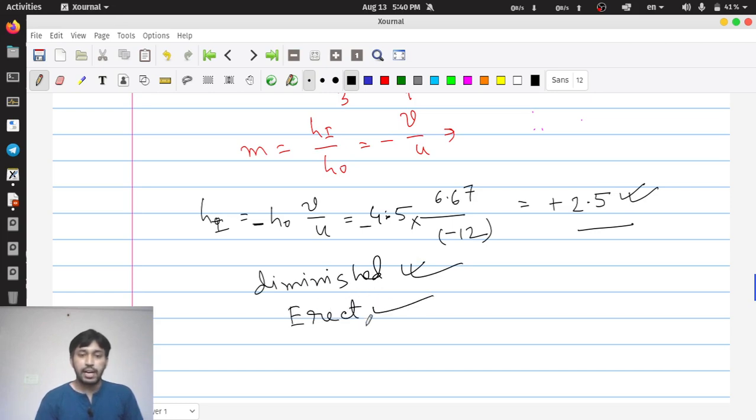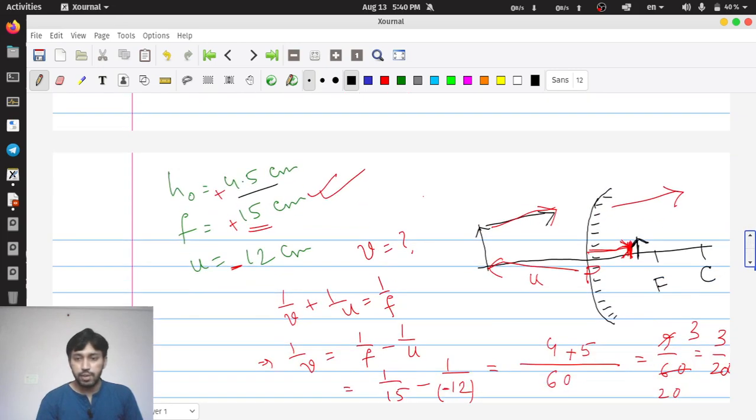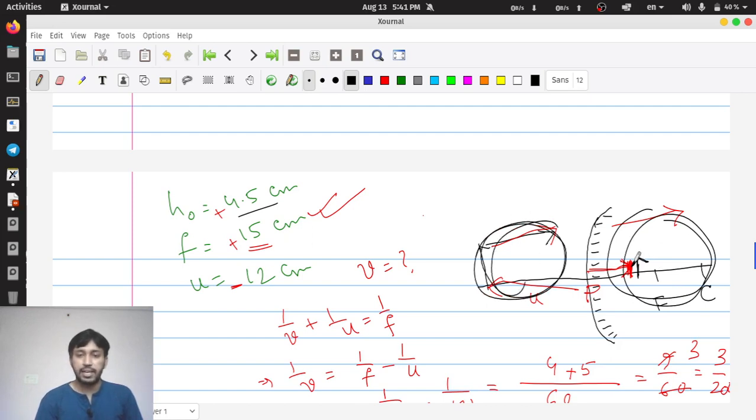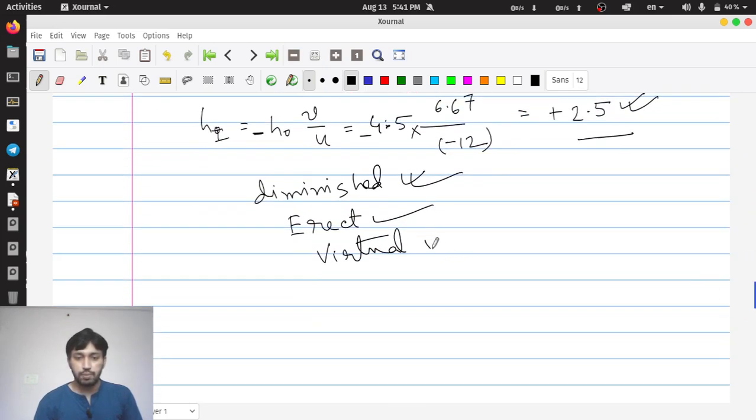It is erect, and of course it will be a virtual image. Why is it virtual? Because the image will form behind the mirror. This side is behind, and this side is front. Behind the mirror, a virtual image always forms. So all these are the properties of the image formation.